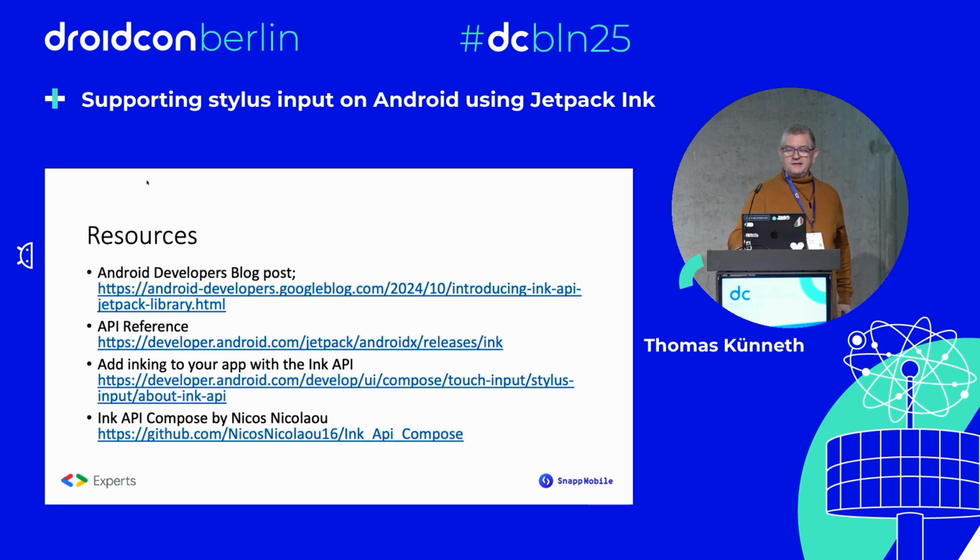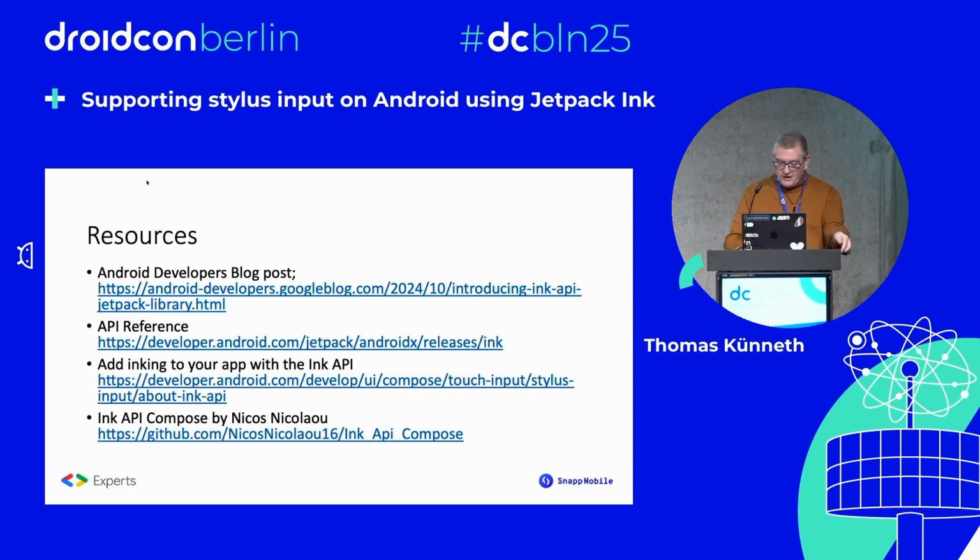A list of resources, the first one being the official introduction of the library, the Android developers blog post. Then we have the API reference, and the sort of documentation. This is not a real code lab, but it shows you the most important bits and pieces that you need to do, which is basically the same as I am doing here on the slides and in my sample, with a notable difference, my source code being up to date, meaning fully covering Alpha 06, whereas Google samples still need to be updated.